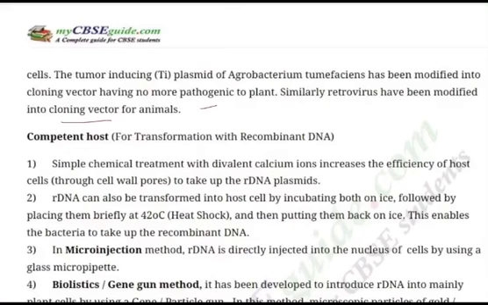Generally, the genes encoding resistance to antibiotics such as tetracycline, ampicillin, kanamycin, chloramphenicol, etc. are useful as selectable markers for E. coli.